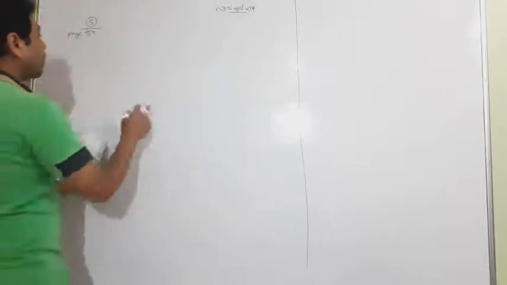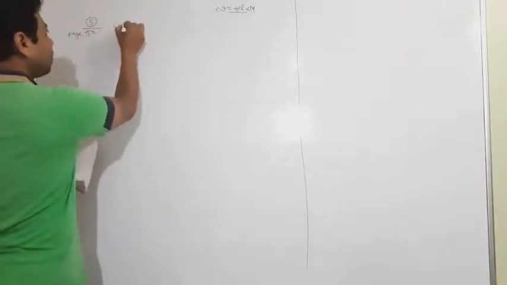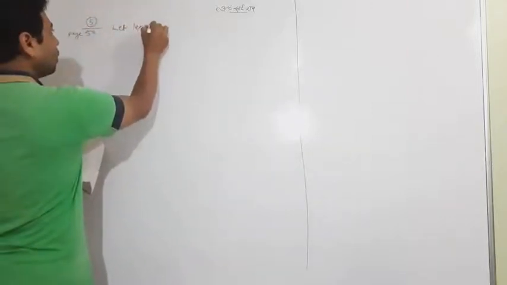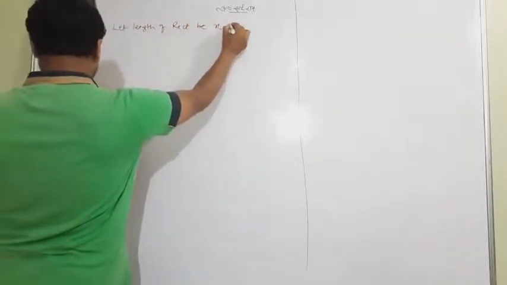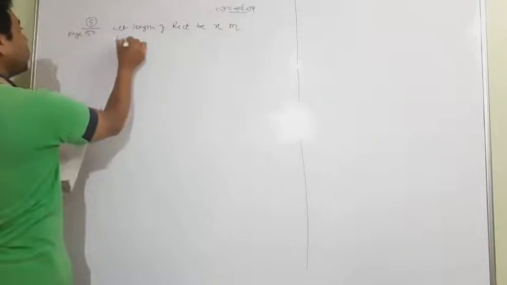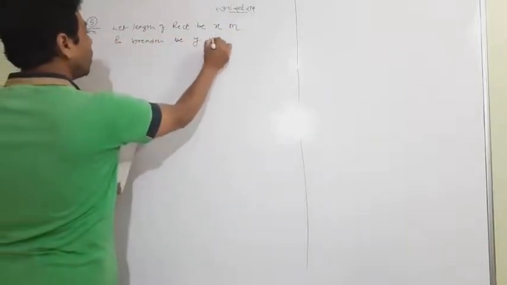You know that in a rectangle there are two dimensions, length and width. First I will write: let length of the rectangle be x meter and breadth be y meter.